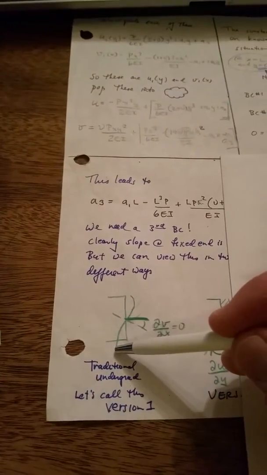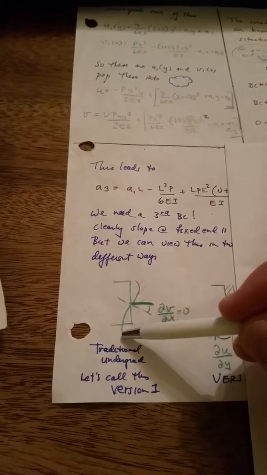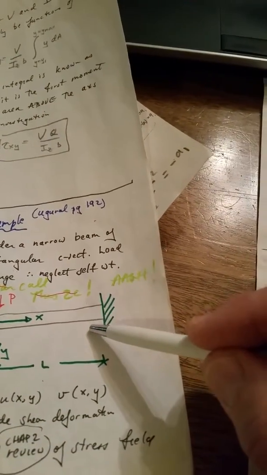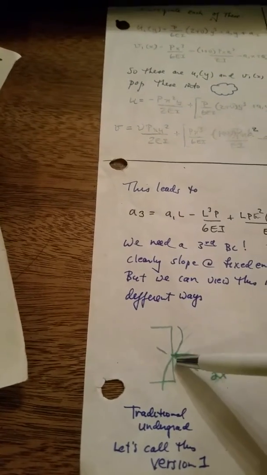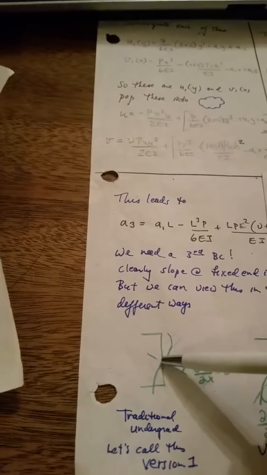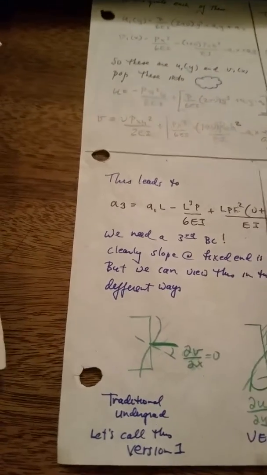But the Star Trek-y part of this is, look at this, what's happening to the beam. The beam is penetrating this support here above the neutral axis, and the beam is pulling away from the support below the axis, and all of that's perfectly legal as long as the slope right here is 0, and the slope is defined as dv dx.